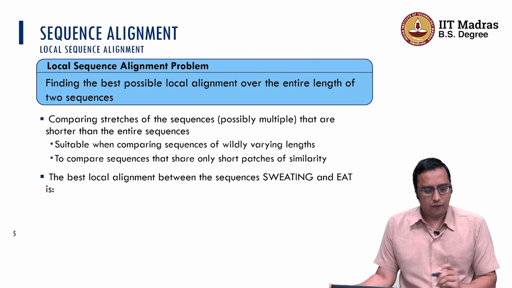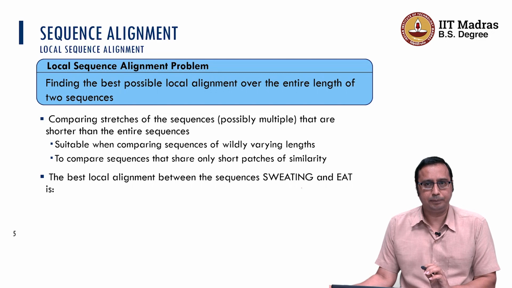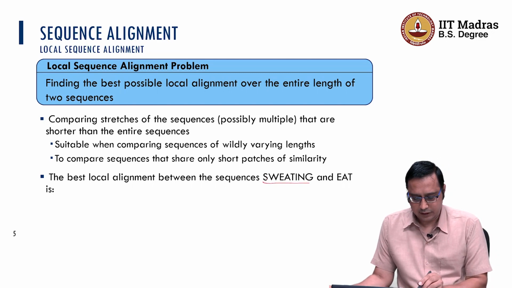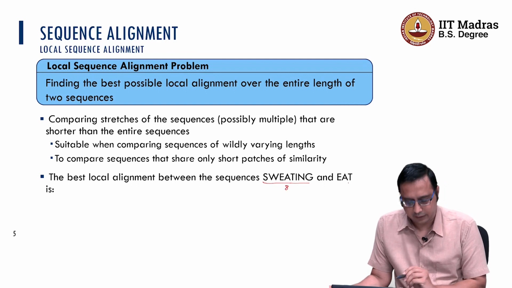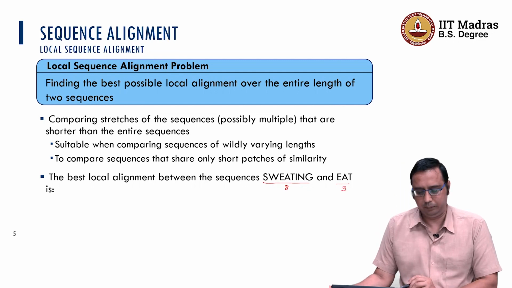Let's take an example of the best local alignment between the sequences sweating and eat. Remember that this one is of length 8, this is of length 3.